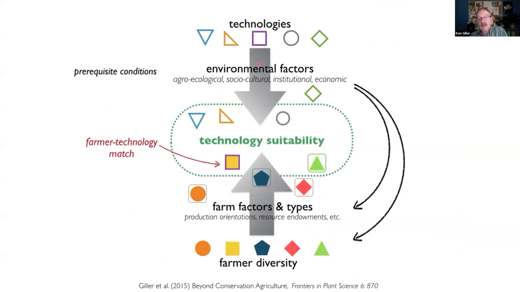And of course, the environmental factors, agroecological, socio-cultural, institutional, economic, are shaping the farm factors and types, as well as filtering, if you like, the technologies. But this idea then is that silver bullets really don't work, but we have techniques to unpack the diversity and how we can then match the right technologies to the right situations for different types of farmers.